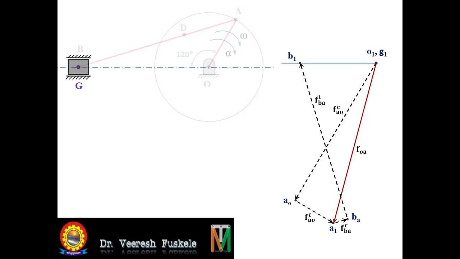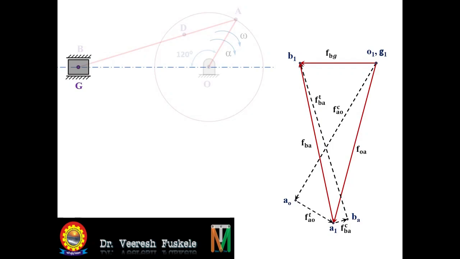After getting B1, we can join A1 to B1 to get the total acceleration of B relative to A, and also we can join G1 to B1 to get the acceleration of B relative to G, or the acceleration of the slider.